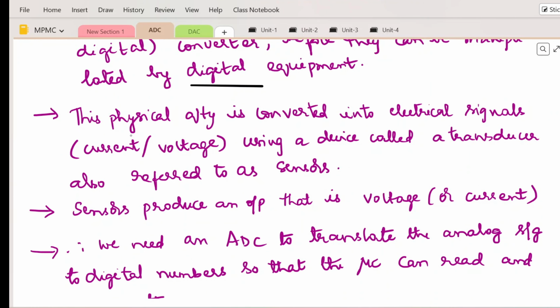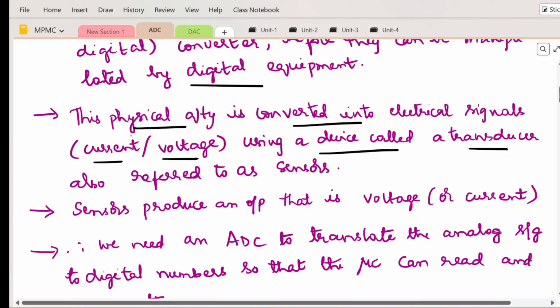This physical quantity or the physical signal is first converted into an electrical signal. That electrical signal is either current or voltage, and it is done by using a device called a transducer, which is also known as simply a sensor.